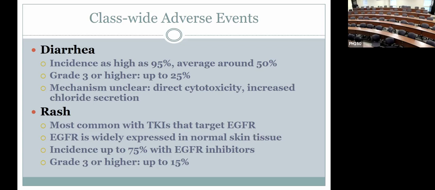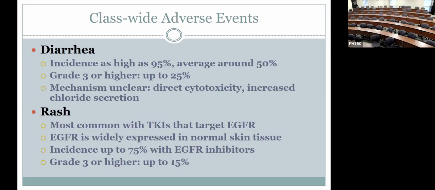The exact mechanism behind this is still kind of unclear, but it's thought to be due to either a direct cytotoxicity of the drug or some secretory mechanism involving chloride secretion in the GI tract. The second of the 4 main side effects that I really want you to note is rash. This is most commonly found with TKIs that target EGFR.